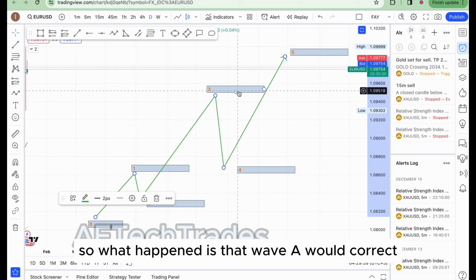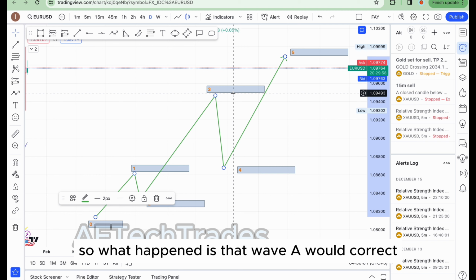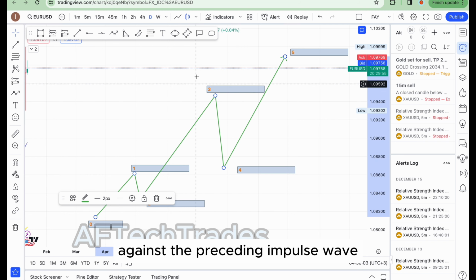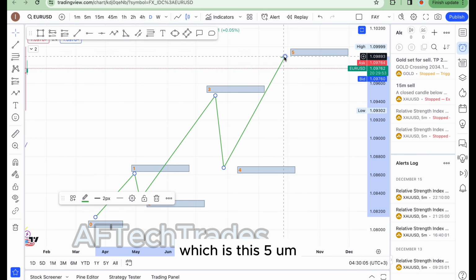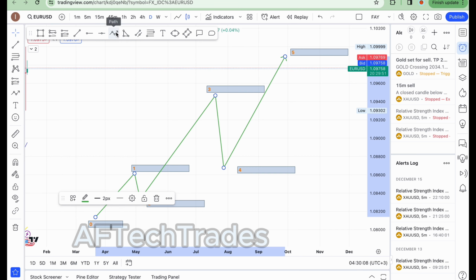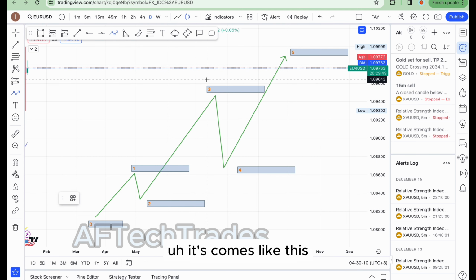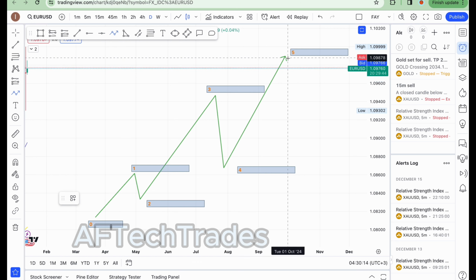So what happens is that wave A would correct against the preceding impulse wave, which is this 5. It comes like this.